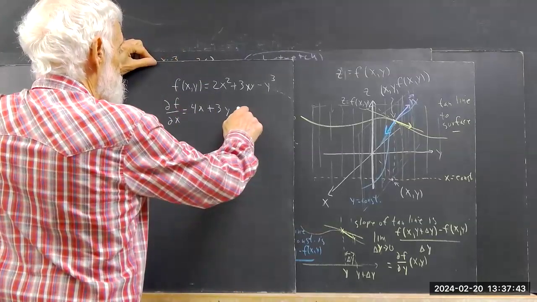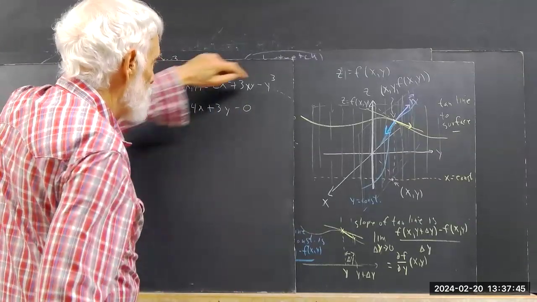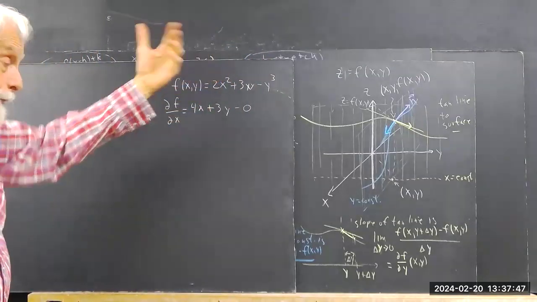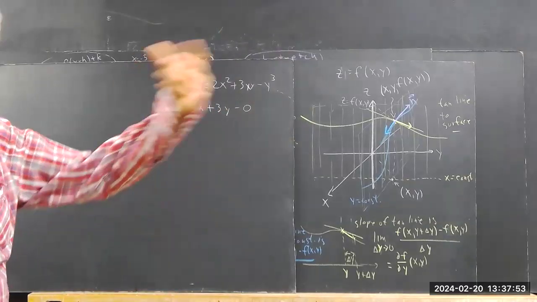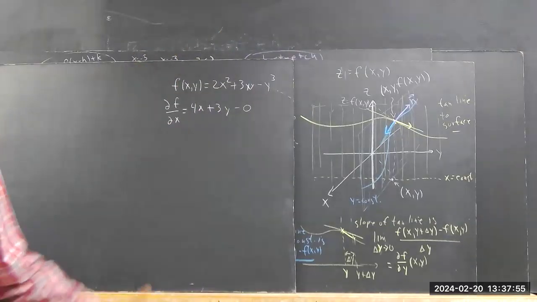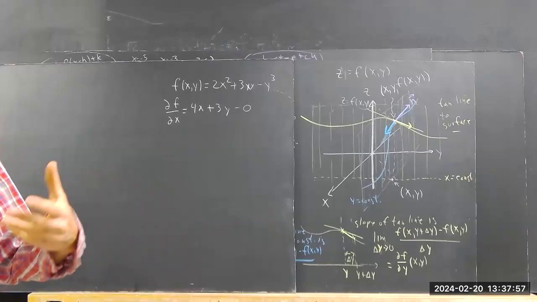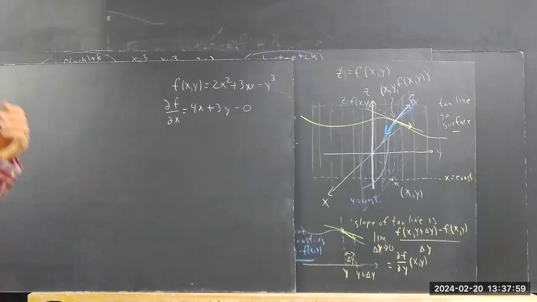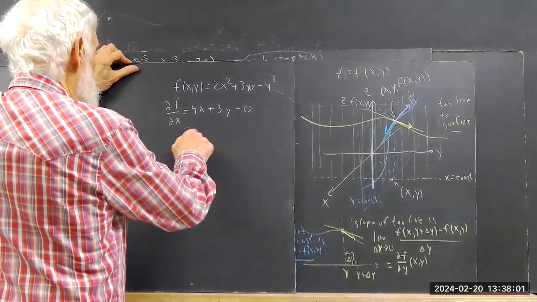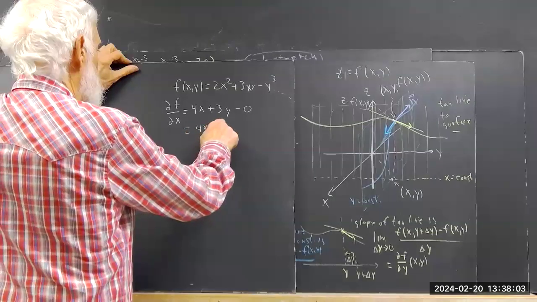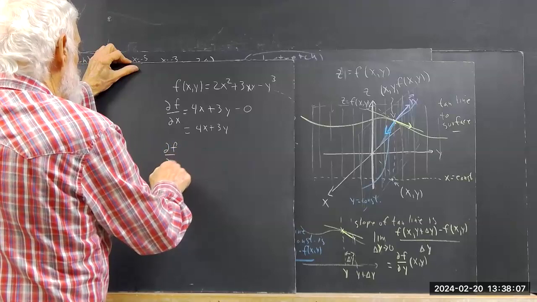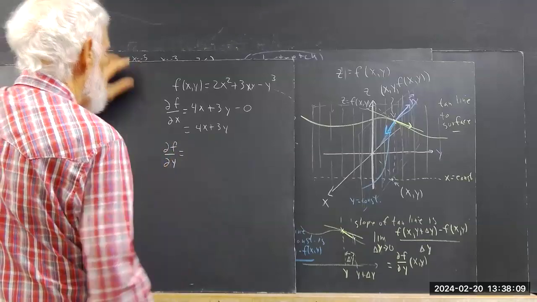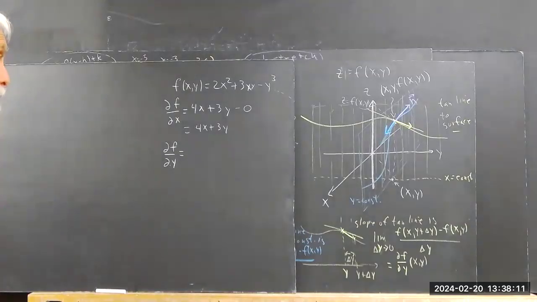And then the derivative of y cubed, well, if y is constant, the derivative of y cubed is 0. So again, you just treat y like some letter that isn't changing. It's not a letter that changes with x.